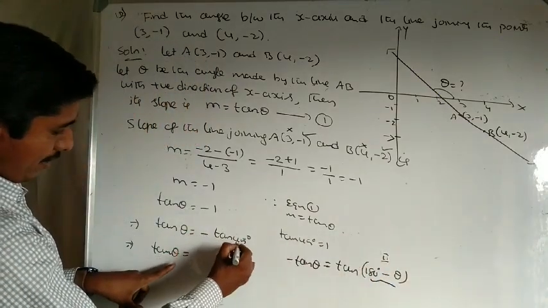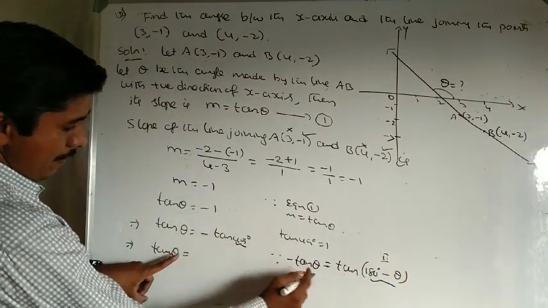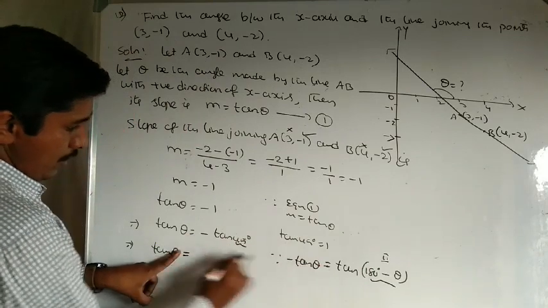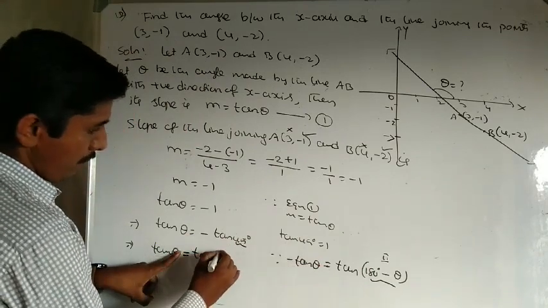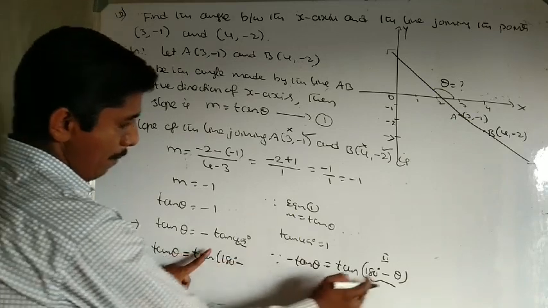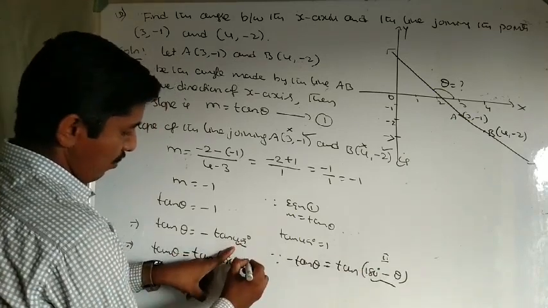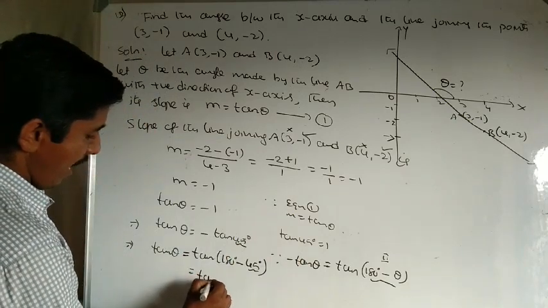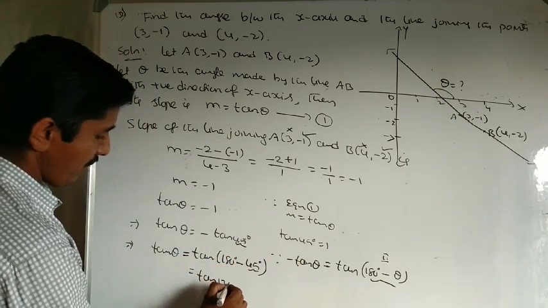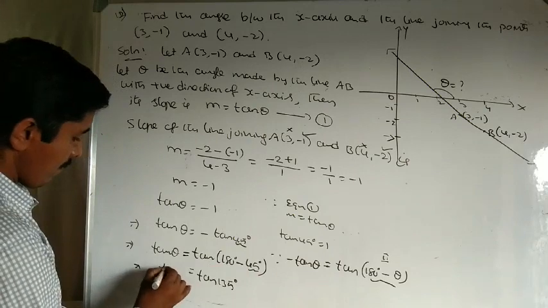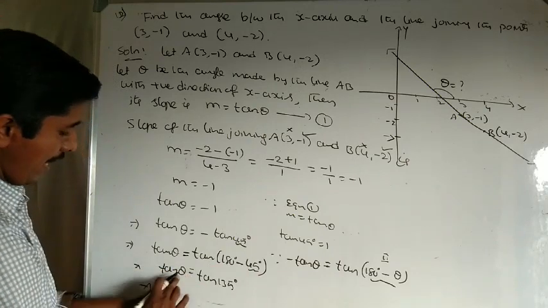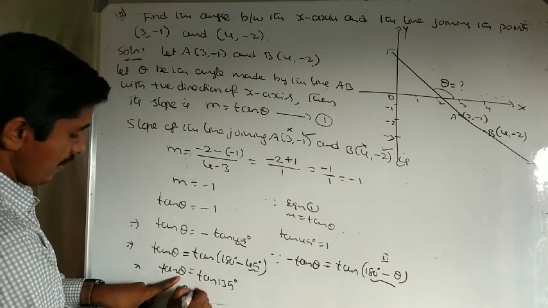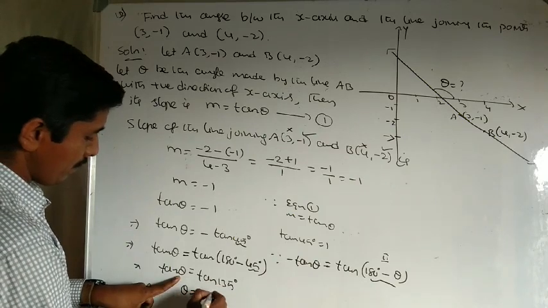Here minus tan theta equal to tan 45 degree, which is equal to tan of 180 minus theta. This theta equal to 45 degree. Tan of 180 minus 45 degree, 135 degree. Clearly LHS equal to RHS, means clearly theta equal to 135 degree.